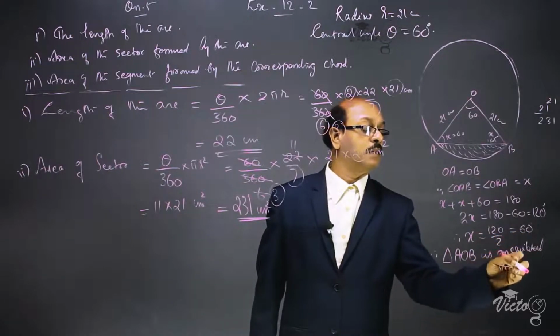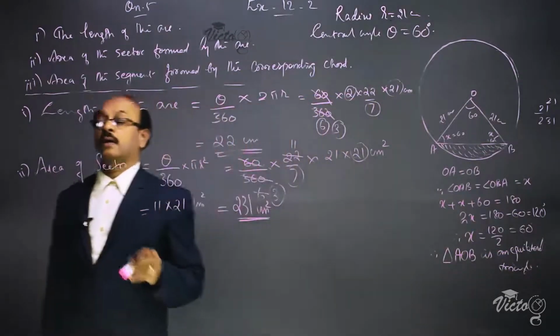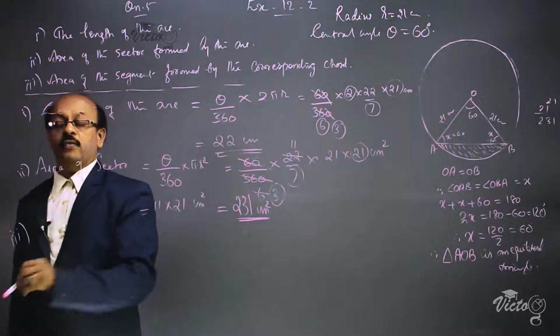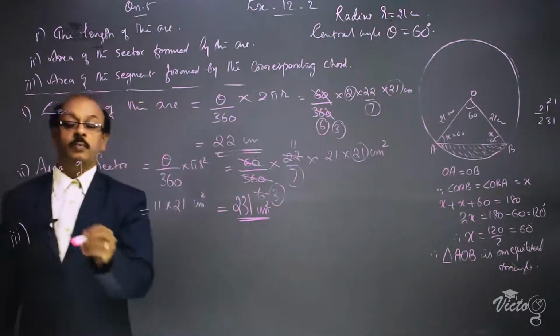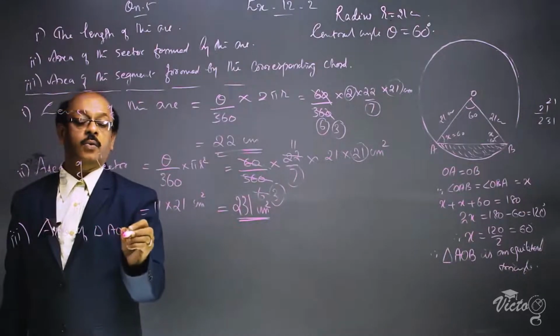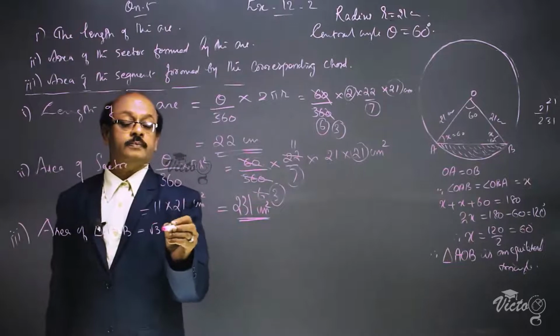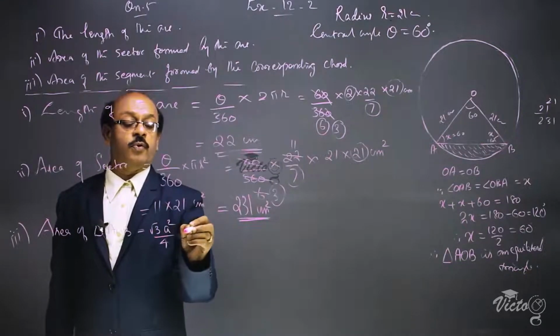So we have to find the area of the equilateral triangle. In the third part, we are finding the area of triangle AOB, which is equal to root 3 a square by 4.